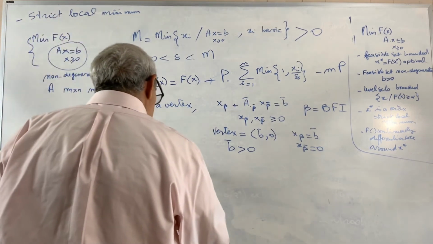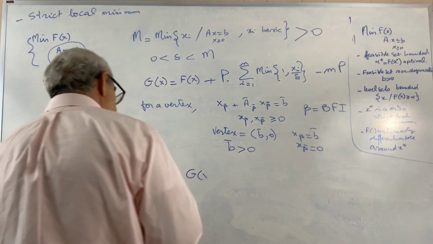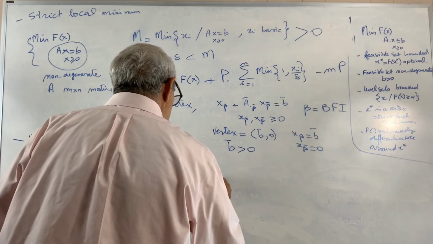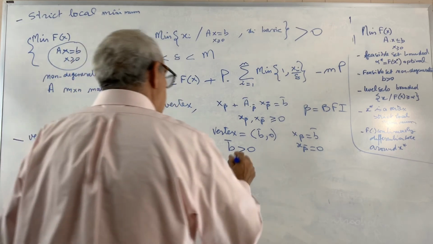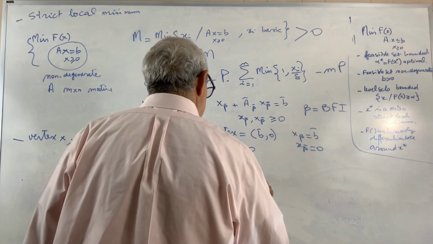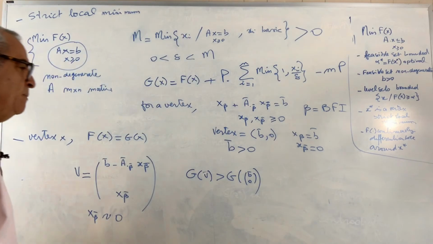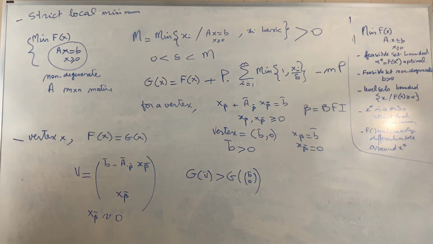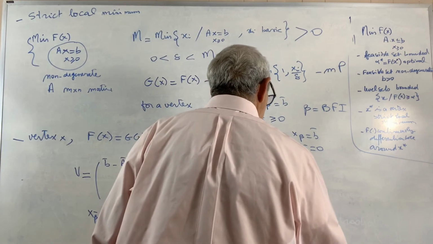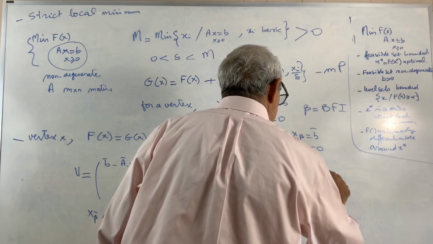And therefore g of v is bigger than g of the vertex, b bar and 0, for v near b bar and 0.